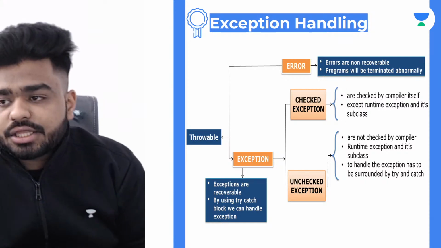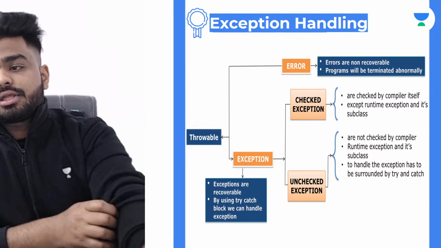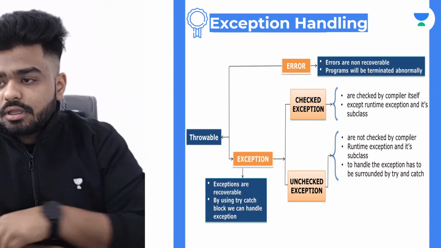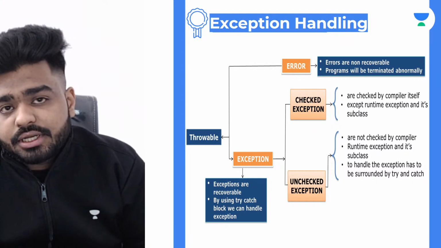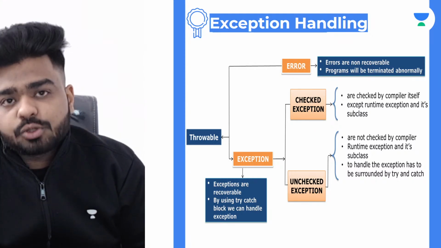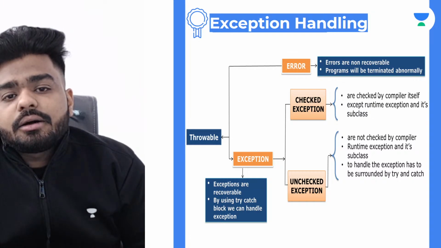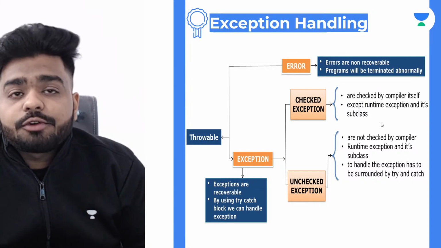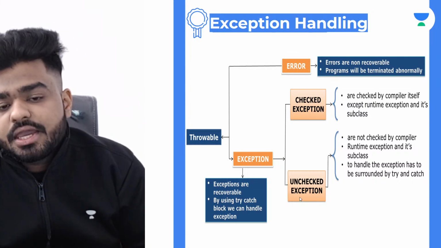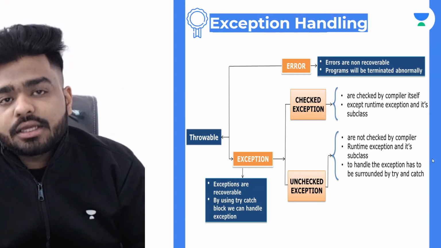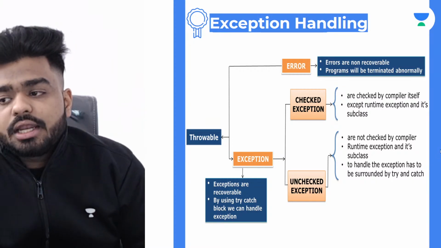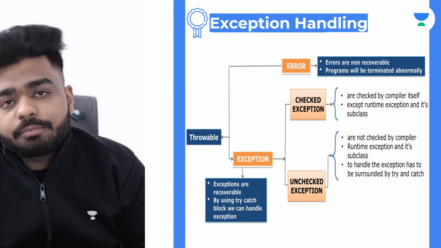Right now, checked exceptions are basically things like ClassNotFoundException, SQLException, IOException. There are so many exceptions: input output exception, SQL exception, and class not found exception. Those are checked exceptions. Unchecked exceptions are basically ArithmeticException, NullPointerException, NumberFormatException, IndexOutOfBoundsException.